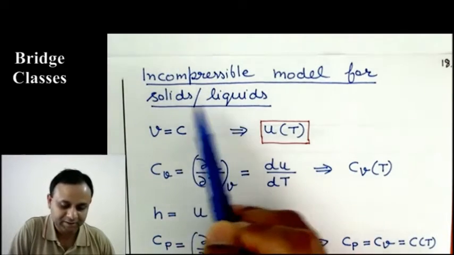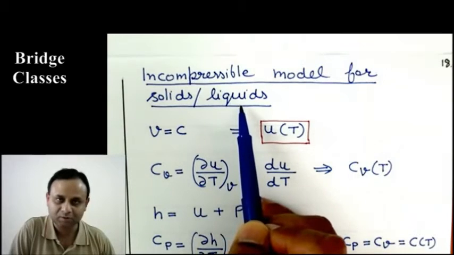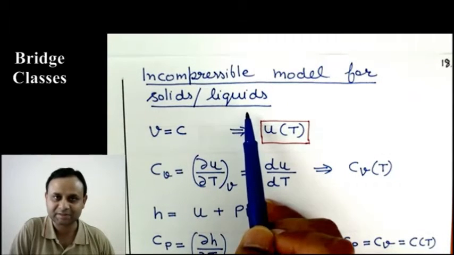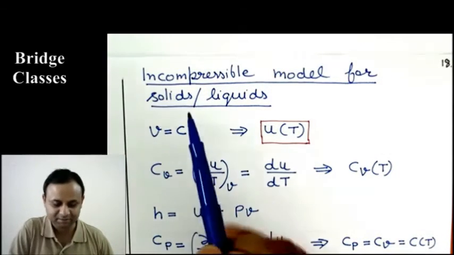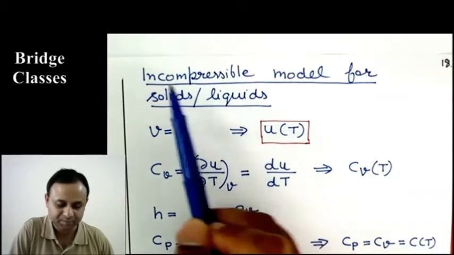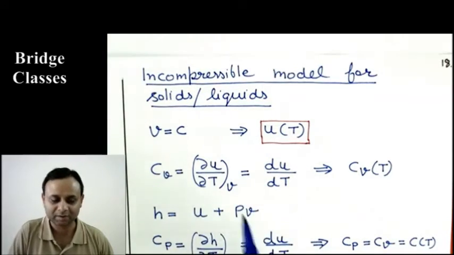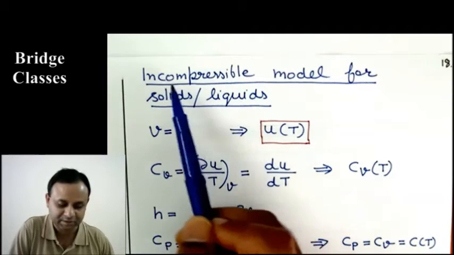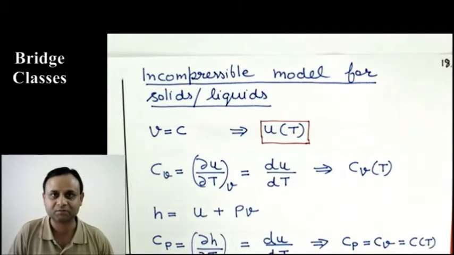Solids and liquids, although they are not perfectly incompressible, have very small compressibility, so we can treat them as incompressible. Let us see, if we treat solids and liquids as incompressible, then what do we get? We get very simple results which are very easy to use, and as engineers we would like to use those results.